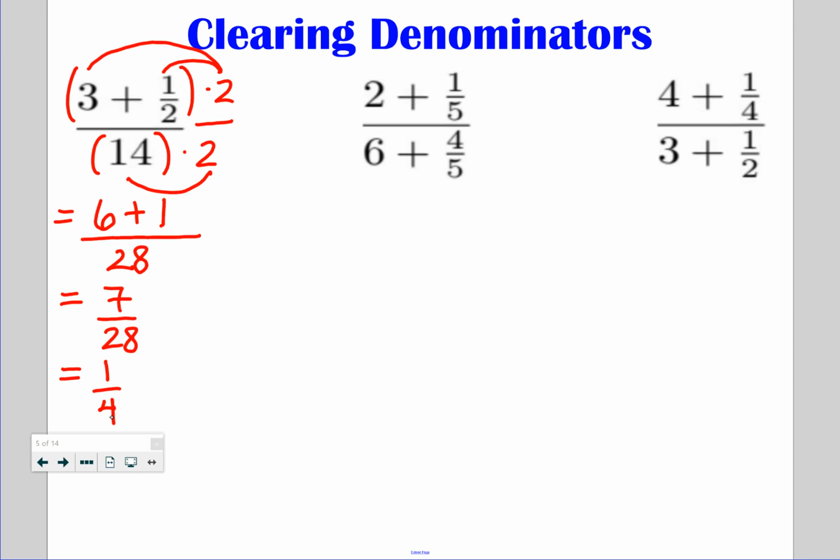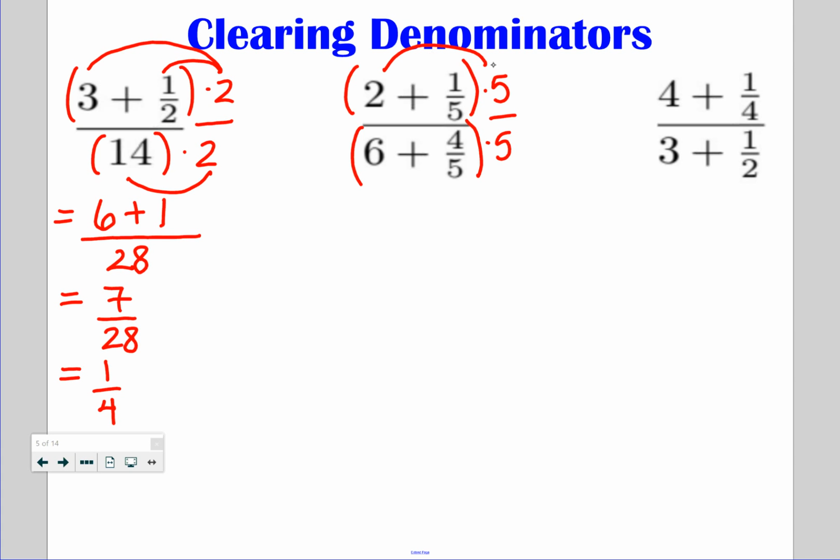In the next problem, I have 2 denominators, but they're the same. So again, I can get away with just multiplying by the denominator that I see, 5 in this case. So we're really multiplying this entire fraction by 5 over 5.